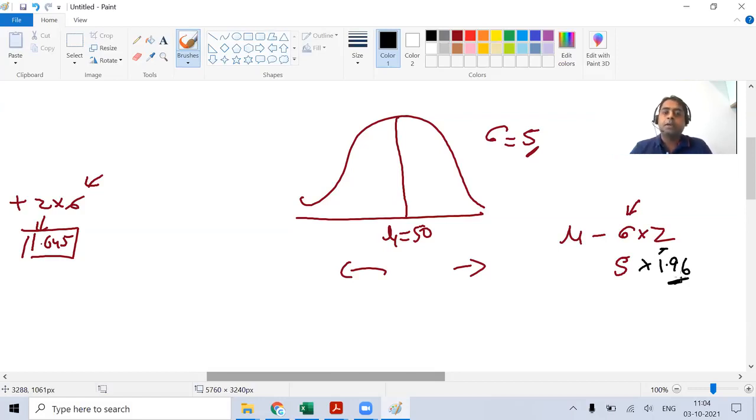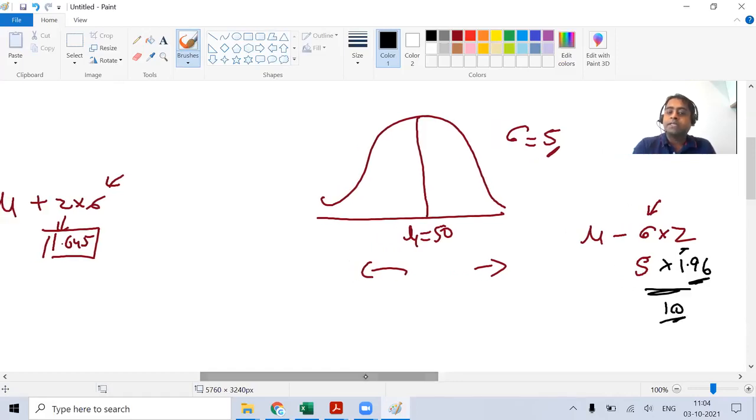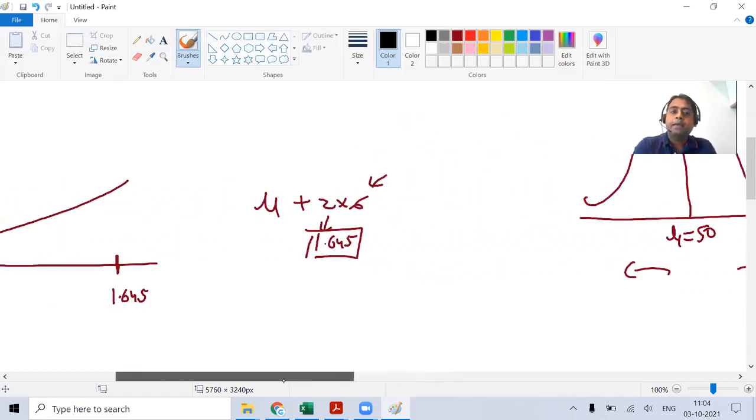But in your distribution, since your standard deviation is 5, when I multiply this, I get 10, because it essentially means in your case we have to go 10 data points down to reach that point. That is the reason I was multiplying z with my sigma. I hope everybody is in sync with what I'm saying.